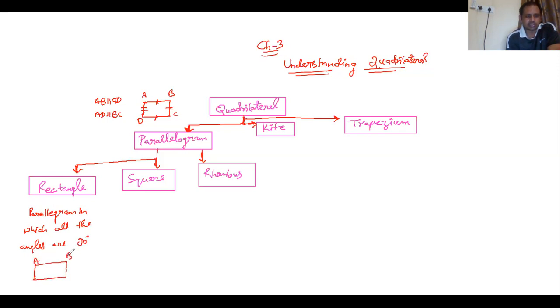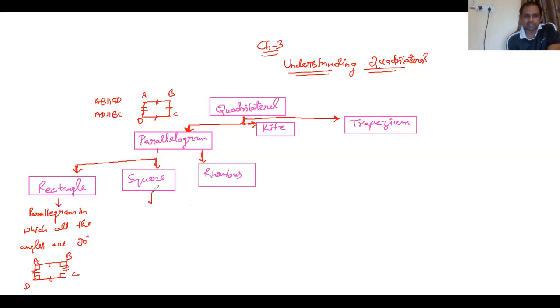Suppose this is a rectangle ABCD, in which this side equals this side and this side equals this side, and all the angles are 90 degrees. That means angle A equals angle B equals angle C equals angle D equals 90 degrees.